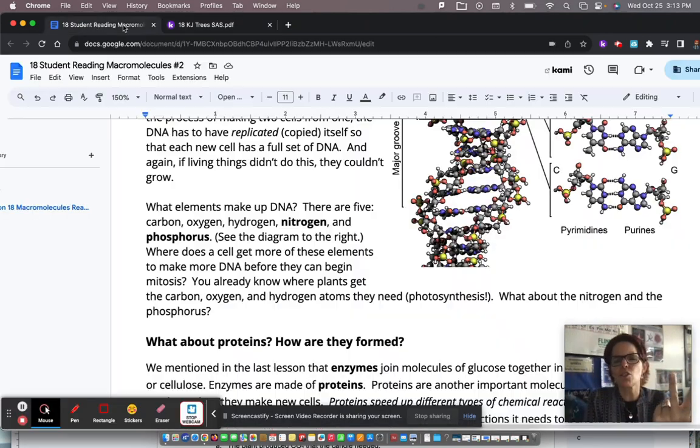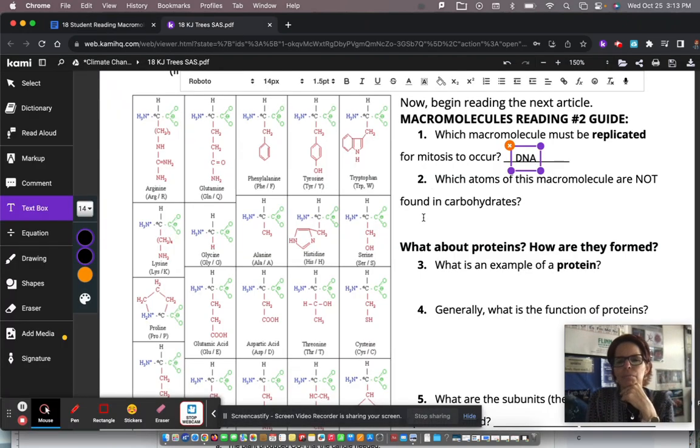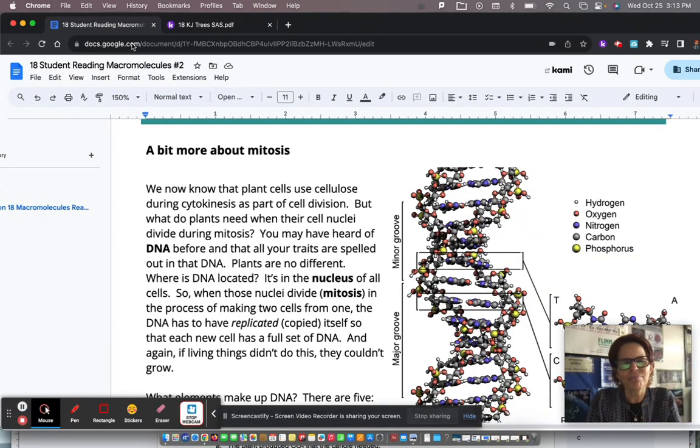So what are the 2 elements not found in those? We would say nitrogen and phosphorus. So I'll type them in here quick. Nitrogen and, oops, I'm not spelling very well, phosphorus. There we go. All right, next, we're on to the next section.